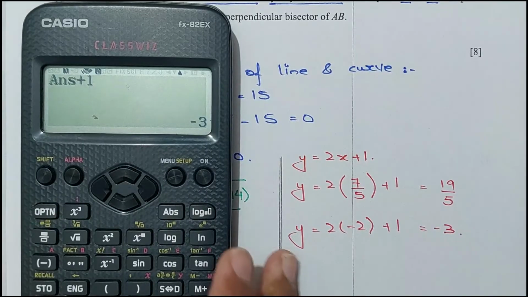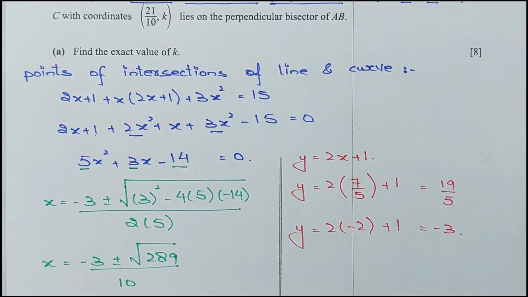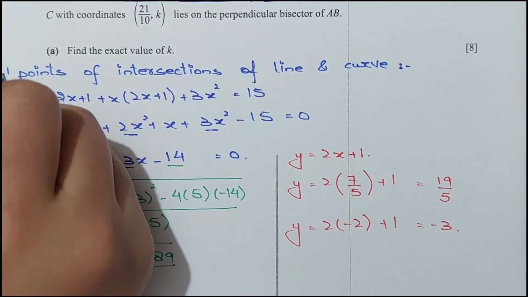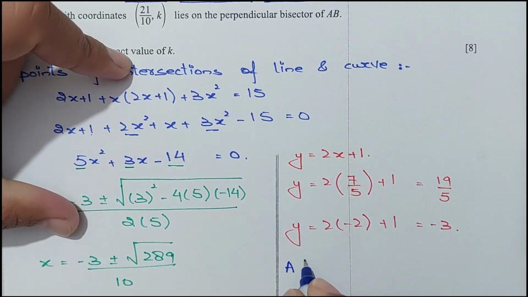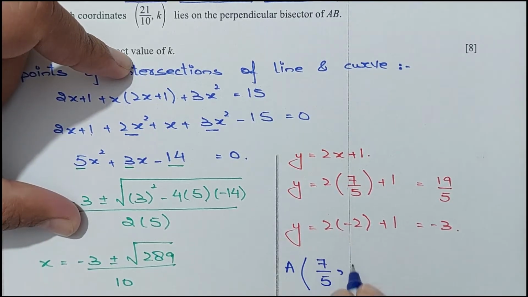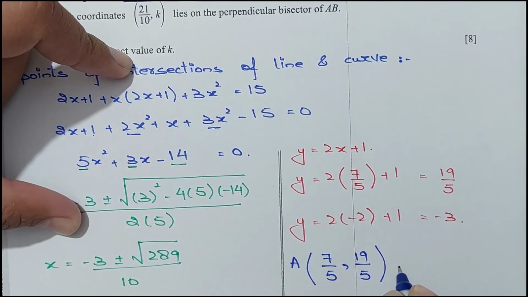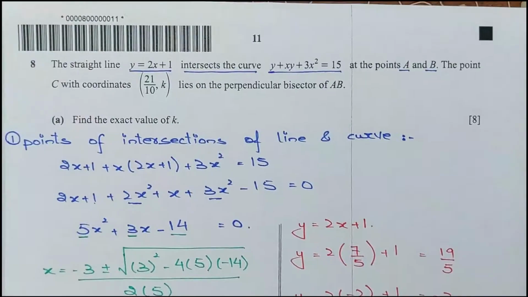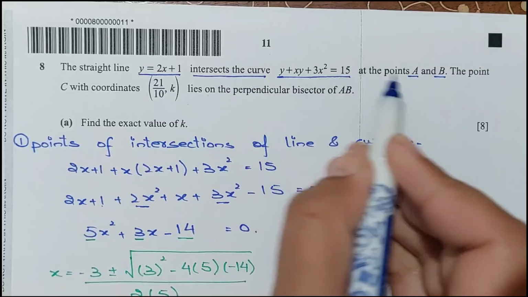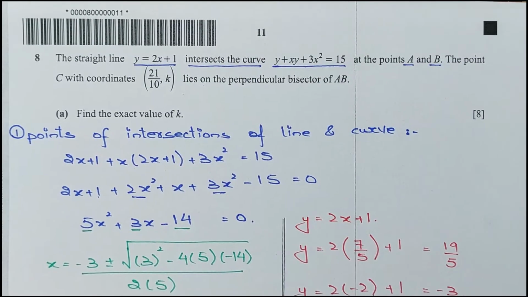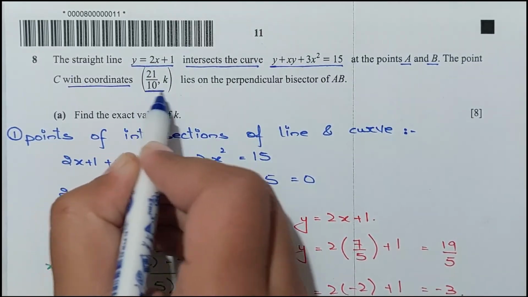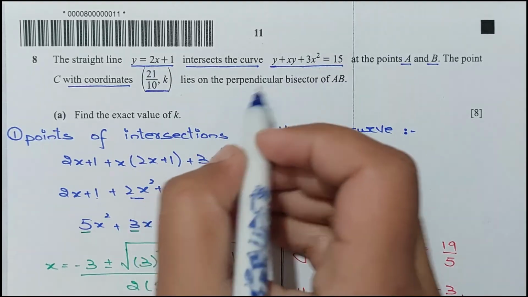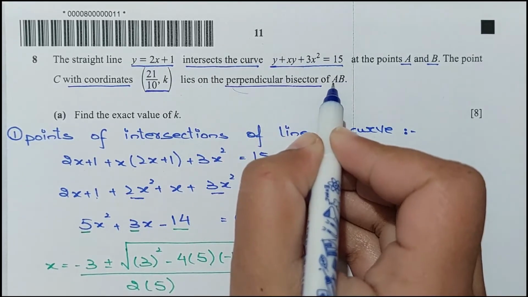All right. So that was the first step, the points of intersection of the line and the curve. Let's say the A coordinates are 7 by 5 and 19 over 5, and the B coordinates are -2 and -3, because in the question it is given that the straight line intersects the curve at the points A and B. So we are done with the points A and B. The point C with these coordinates lies on the perpendicular bisector of AB.